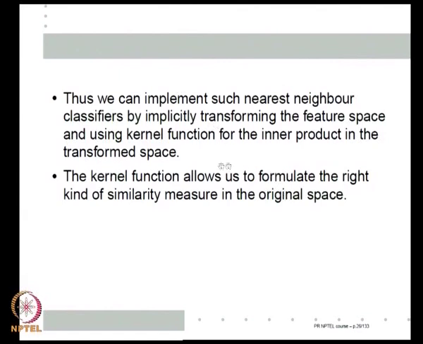So, we can implement such nearest neighbor classifiers by implicitly transforming the feature space, and the kernel function allows us to formulate the right kind of similarity measure in the original space. For example, if I am using a Gaussian kernel, it means that I measure similarity over some spatial extent by tweaking my sigma parameter and so on. Okay.